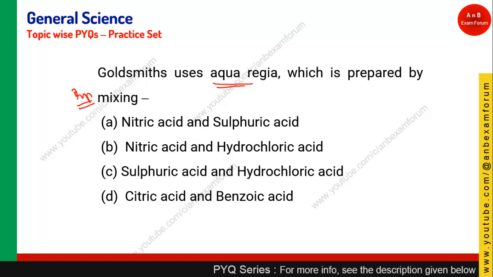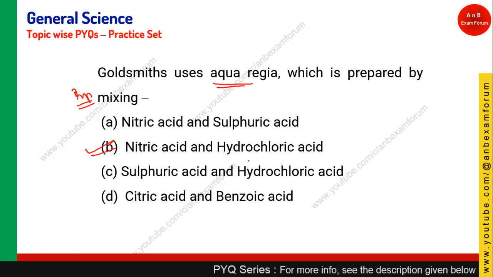So remember students, aqua regia is basically the mixture of two acids, namely nitric acid and hydrochloric acid. Sometimes in the exam they can ask you the ratio in which they are mixed.